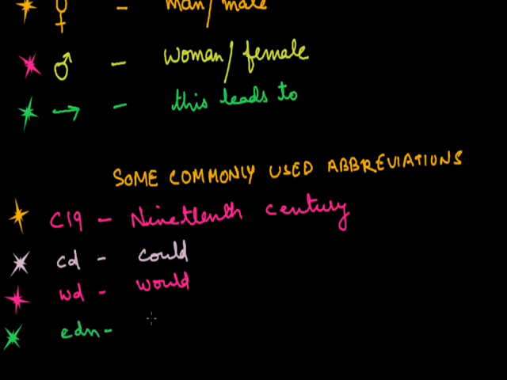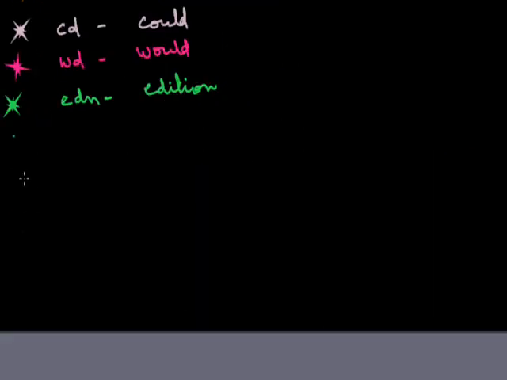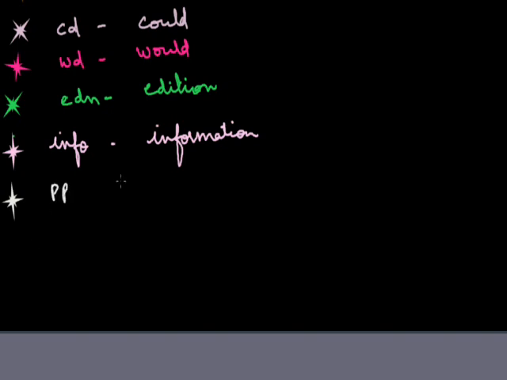Then EDN means addition. Then info means information. P means page, and PP means pages.